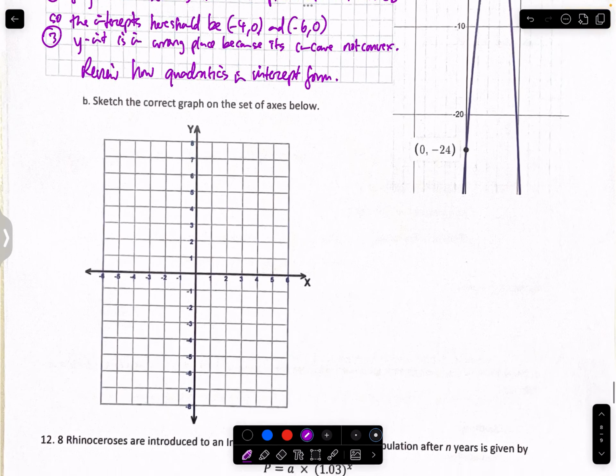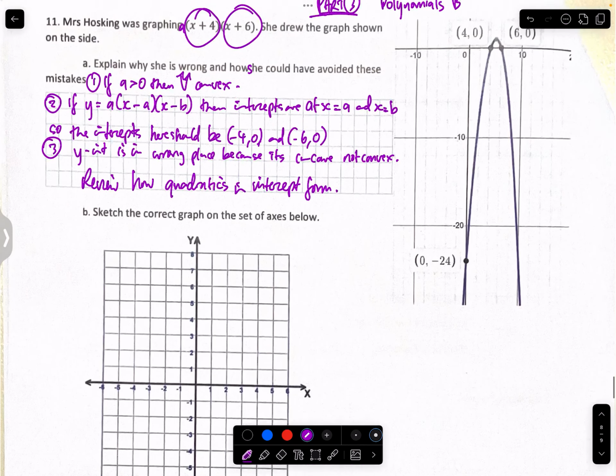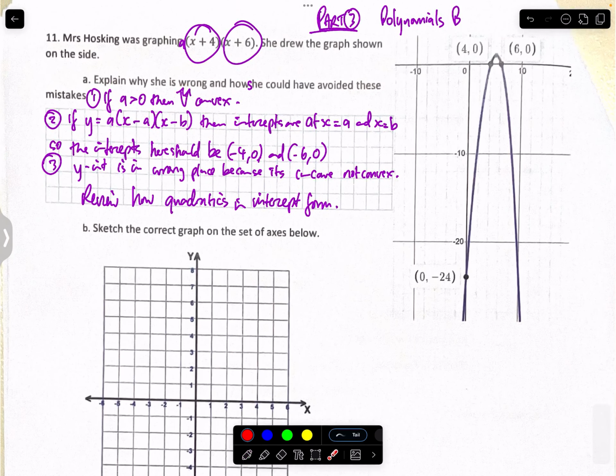Sketch the correct graph on the set of axes below. Well, I said that the y-intercept is in the wrong place, now I need to find it. When x is 0, the equation is 0 plus 4, 0 plus 6, 4 times 6, 24.